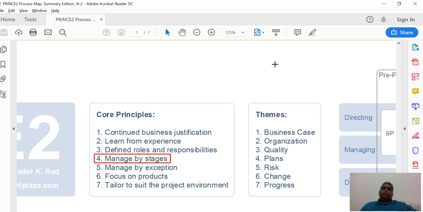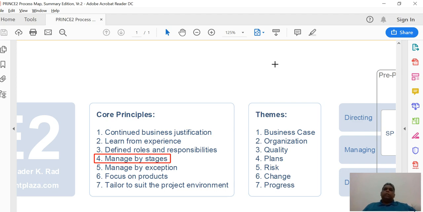And the term stage in PRINCE2 could also be represented as a phase. If you look into the PMI terminology, PMI prefers to use the word phase, and PRINCE2 prefers to use the word stage.